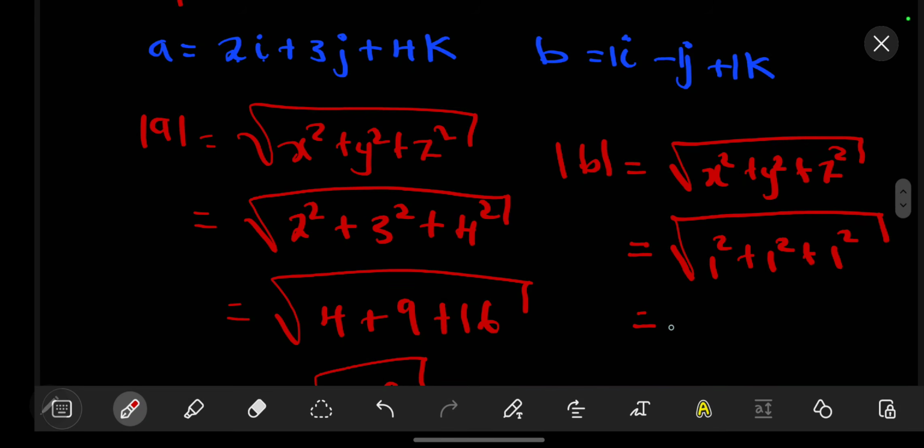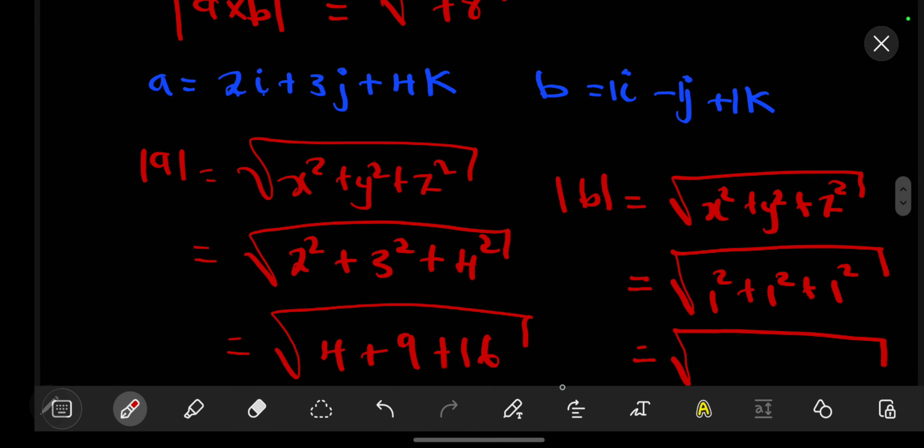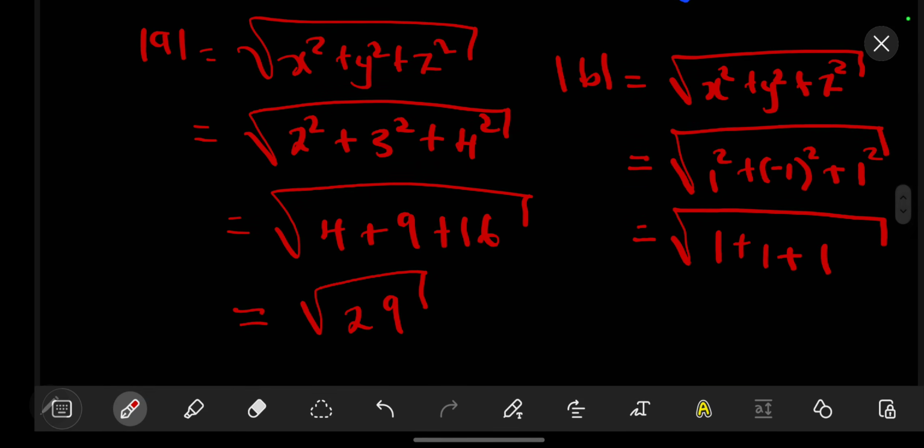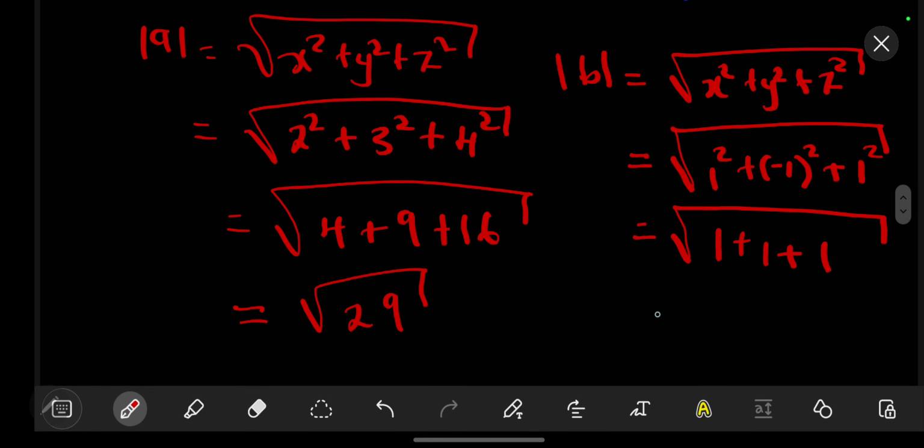The 1 is negative, but it won't change anything, so we can put negative 1 squared, plus the 1 for k, which is positive. So 1 squared is 1, plus negative 1 squared is 1, plus 1 squared is 1. We add 1 plus 1 plus 1, which will be equal to the square root of 3.